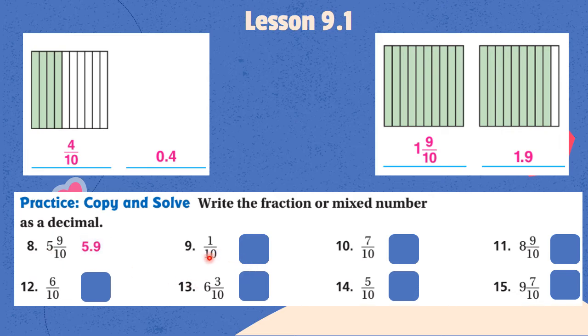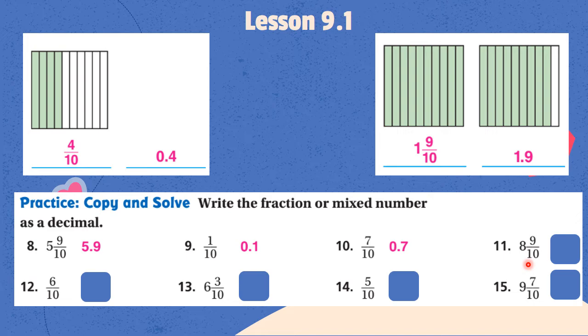And then here in number 9, we have no whole number. So we're going to write 0.1. Here we have no whole number, 10 as the denominator, so we're going to write 0.7. Good job, you guys.